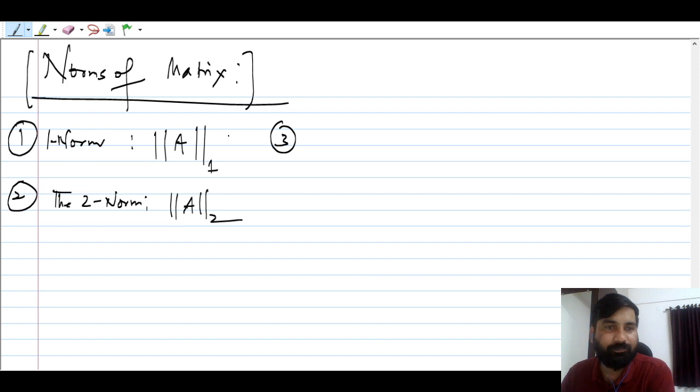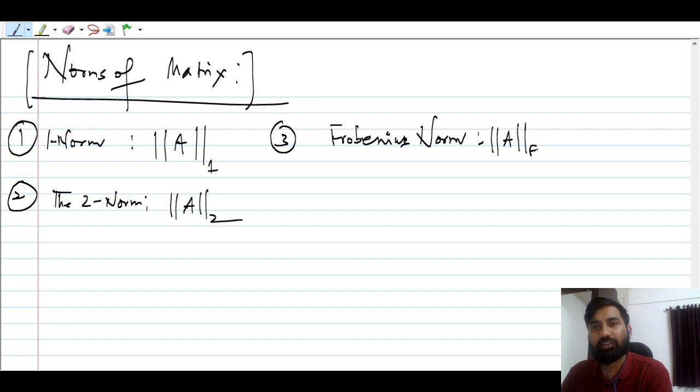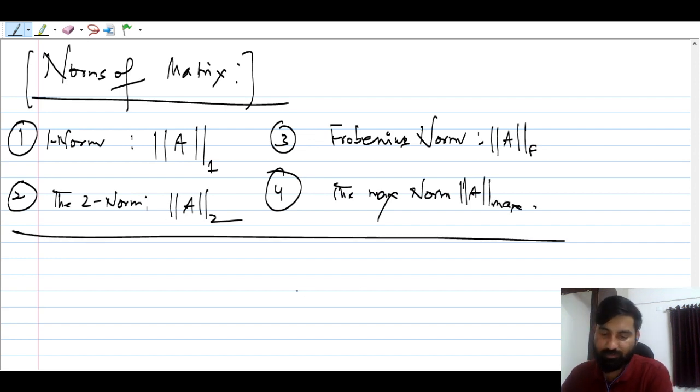The third one is the Frobenius norm. These are the questions that we can expect in data science. And the fourth one is, guys, the maximum norm. The name is very big, but the answer is going to be very small.